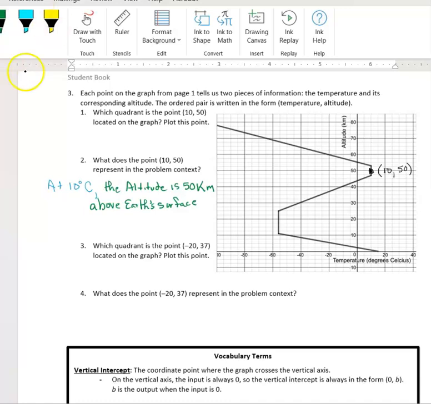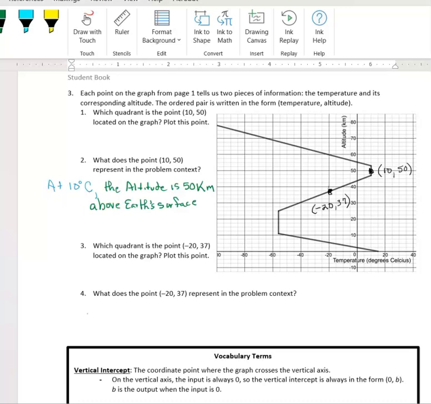When we look for the point (-20, 37), this time we're going to go left to negative 20 and then up to 37, which would be this point right here. So this is (-20, 37). And then what does that point mean?